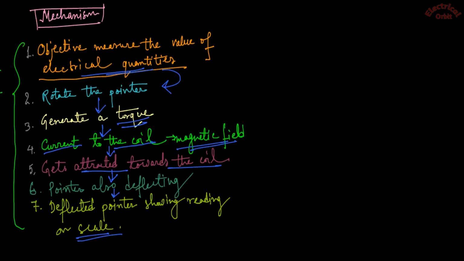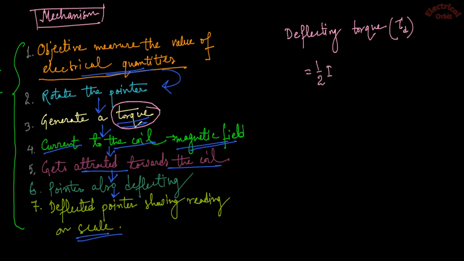Now from this mechanism we have come to know that there is a generation of torque, and that is a deflecting torque. In a moving iron instrument, the expression of deflecting torque, tau d, is equal to half I square dL by d theta.